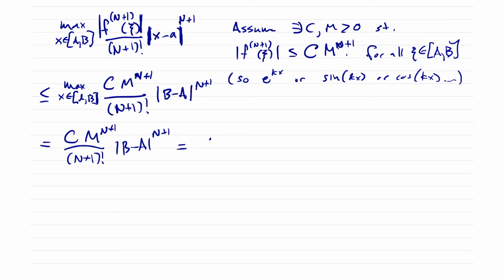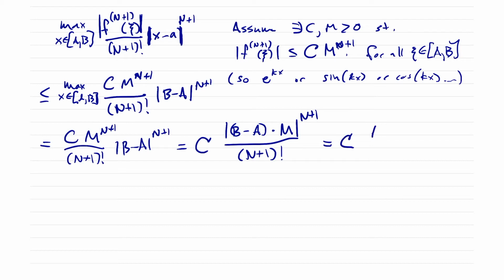And I can continue writing this. I can say c times b minus a times m to the n plus first power divided by n plus 1 factorial. Okay. So this is just some quantity, and so I can call that something. I'll call this m tilde to the n plus 1, so c times m tilde to the n plus first power divided by n plus 1 factorial, and it really is up to you what you do after this.